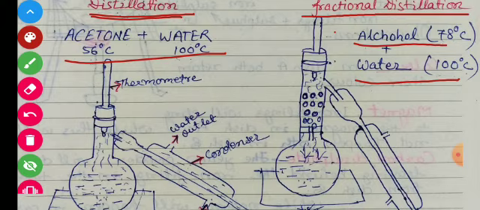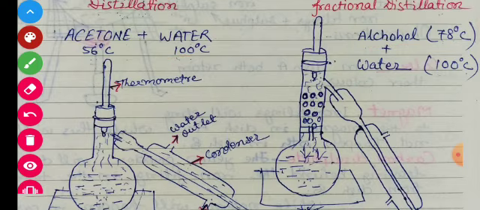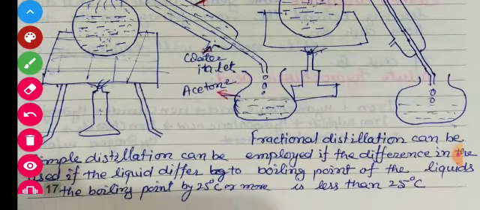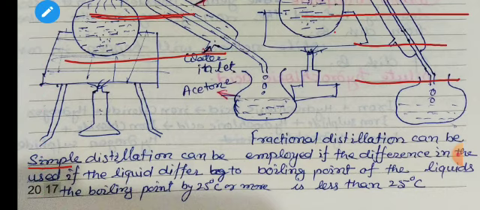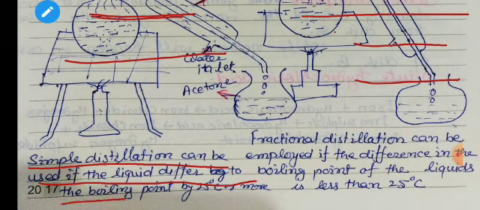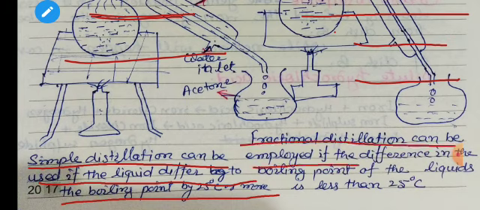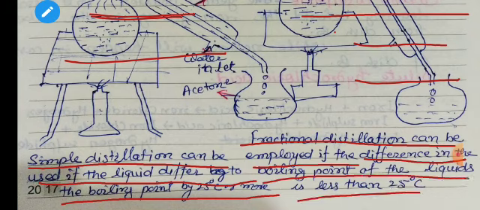Now I think, students, it is very clear that simple distillation can be used if the liquids differ in boiling point by 25 degrees Celsius or more, and fractional distillation can be employed if the difference in the boiling points of the liquids is less than 25 degrees Celsius.